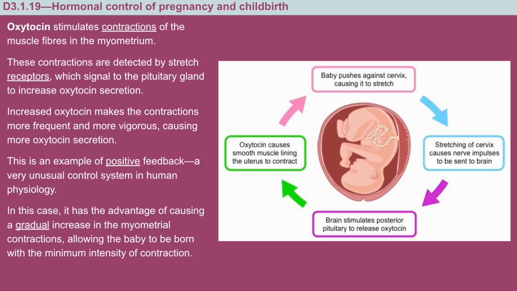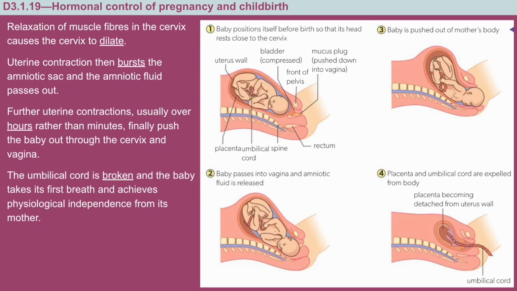Stretch receptors then stimulate the pituitary to create more oxytocin. And so we just see stronger and stronger contractions, which then eventually lead to the baby being able to be born. And that looks like relaxation of muscle fibers in the cervix, causing it to dilate.